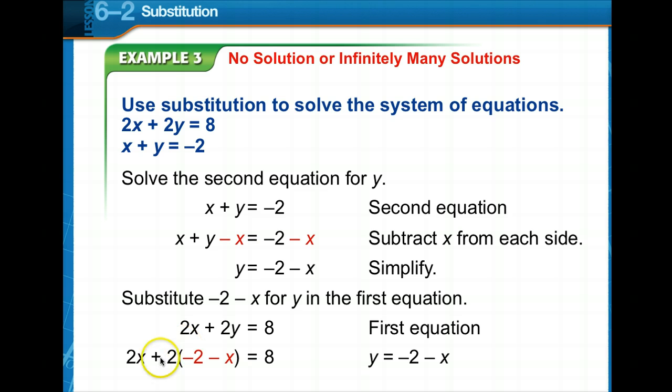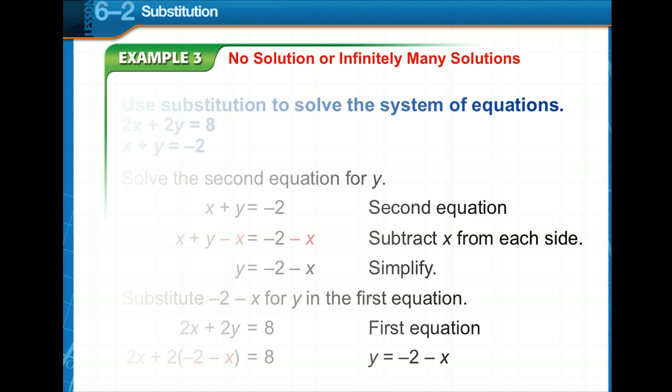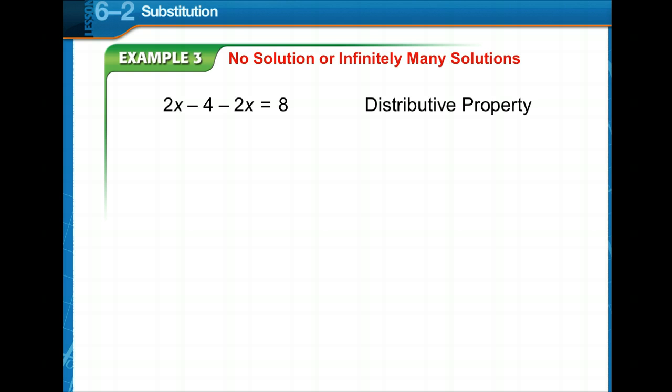Which we have done here. So we have 2x plus 2 times the quantity -2 minus x is equal to 8. We use the distributive property to distribute that 2 across the parentheses. We end up with 2x minus 4 minus 2x is equal to 8. Now let's combine our like terms.